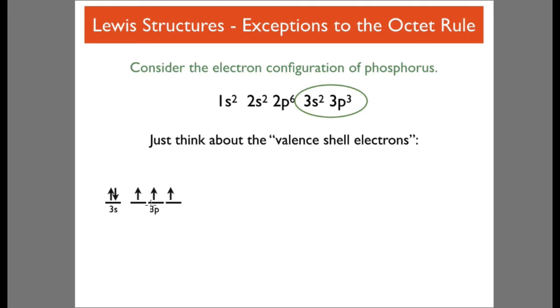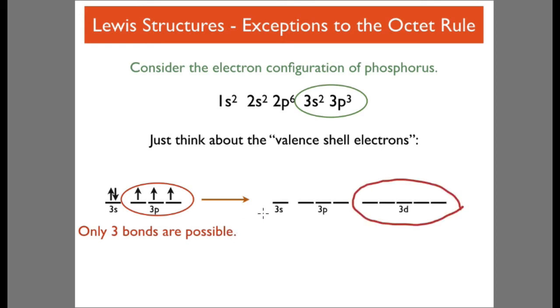3p orbitals could each make a bond. So 3 bonds are possible. However, if we promote this electron here, you can see now 1, 2, 3, 4, 5.